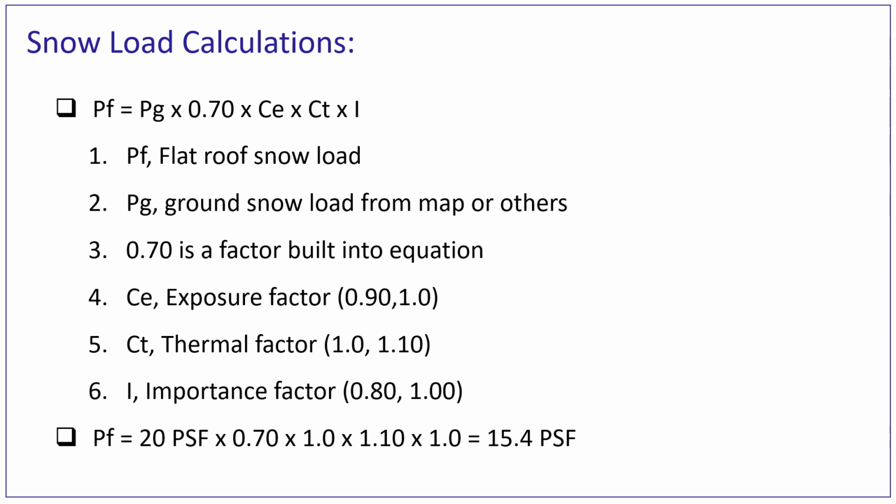So if we look at taking a building located in Missouri, P sub F, the flat roof snow load, would equal 20 times 0.7 times 1 times 1.1 times 1, which would equal 15.4 pounds per square foot.